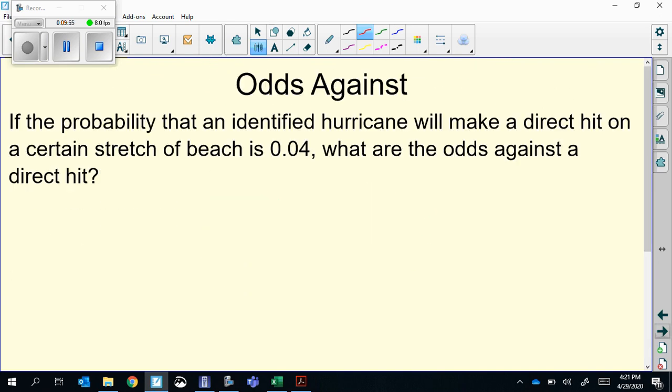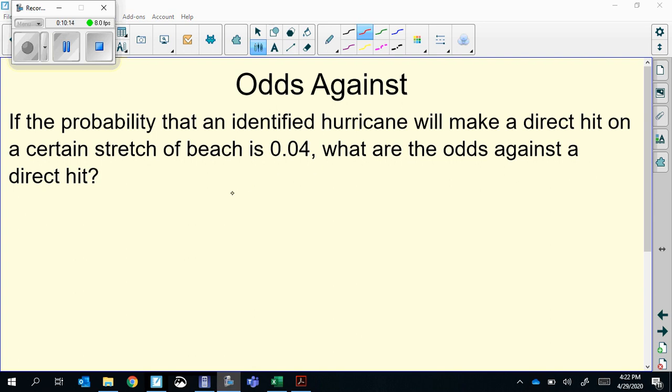If the probability that an identified hurricane will make a direct hit on a certain stretch of beach is 0.04 or 4%, what are the odds against a direct hit?